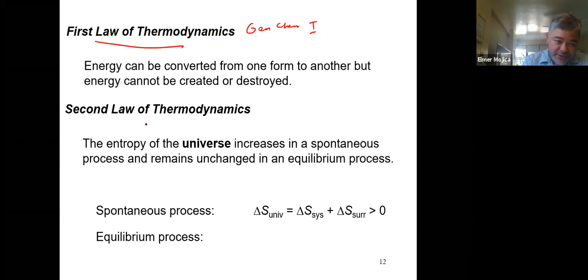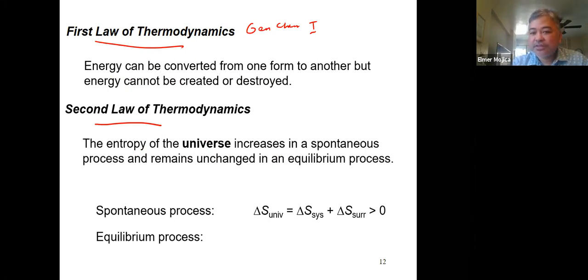And what we have learned from this chapter in Chem 2 is the second law of thermodynamics. Another way to state the second law of thermodynamics is that the entropy of the universe increases in a spontaneous process and remains unchanged in an equilibrium process. So what does it mean? Whatever you do, there will always be disorderliness in the universe.